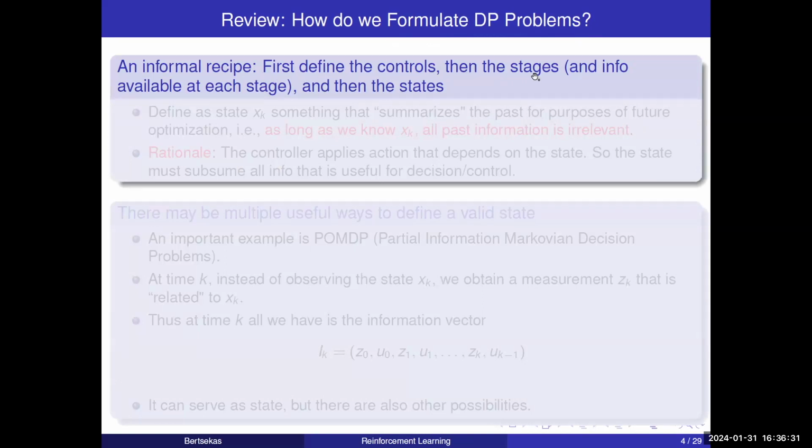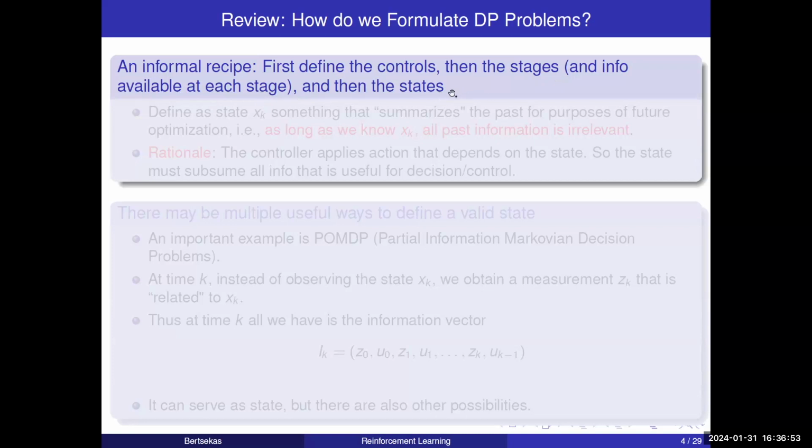Then look to define the stages at which control is applied. And much of that is determined by the information available at each stage. Basically, if you have information coming in that's useful at every stage, then you align the stages with the flow of information. And then you have to define the states.